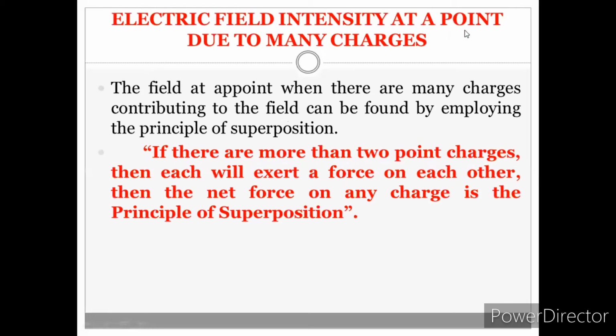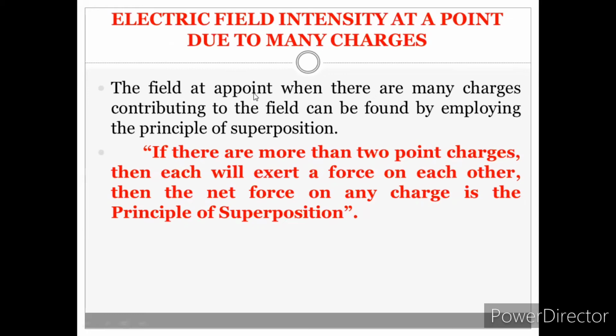So, electric field intensity at a point due to many charges. As we have seen in the previous concept, we brought only one point charge, a unit positive charge, near to the second one. Now if you bring a large number of charges, then what intensity those charges exert on the other charge is the concept we have to derive here.